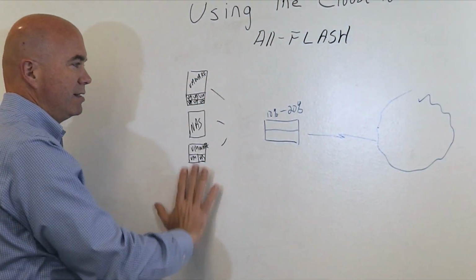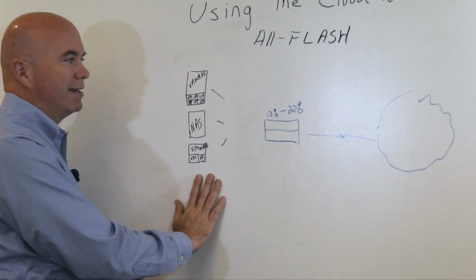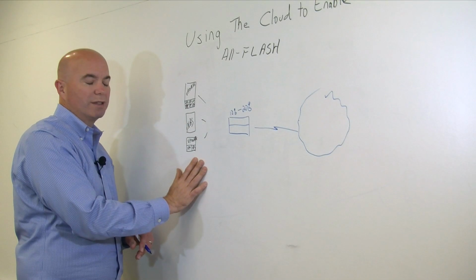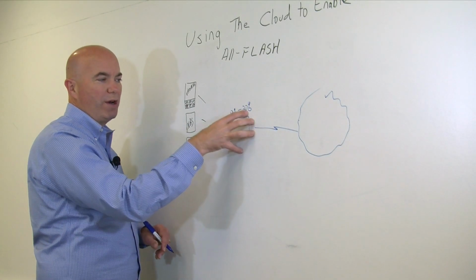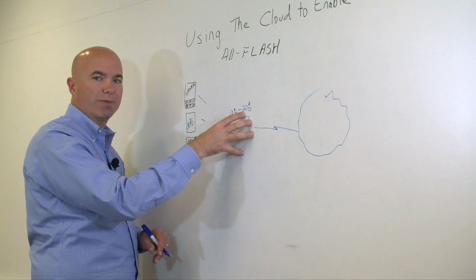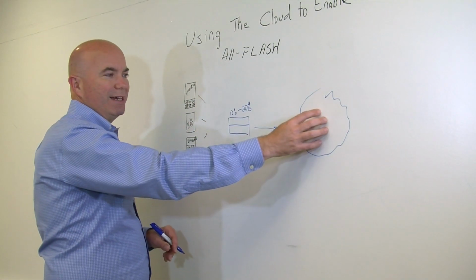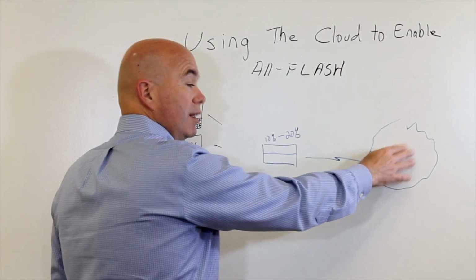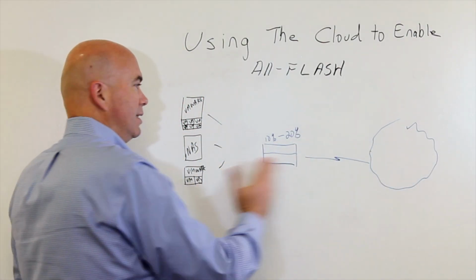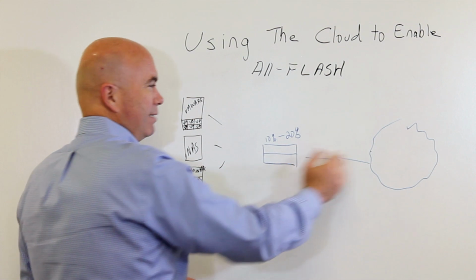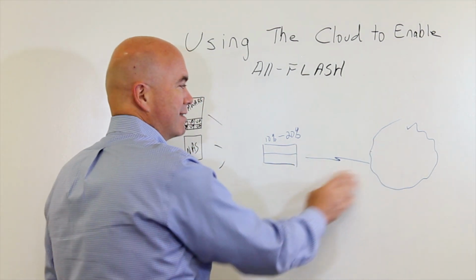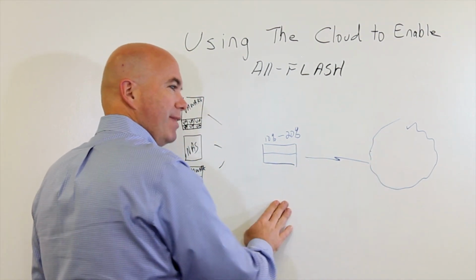For 99.9% of the time, all the work that's being done on these servers is coming right off of flash. They see incredibly quick performance. They don't have to worry about it. If they ever need data that's old, they access it through the cloud. Clearly there's some latency there, but it's generally mitigated because it's only a small file access, things like that, and it doesn't happen that often.